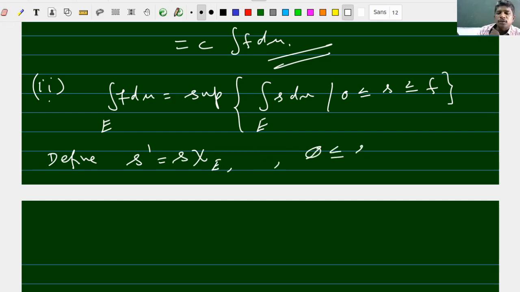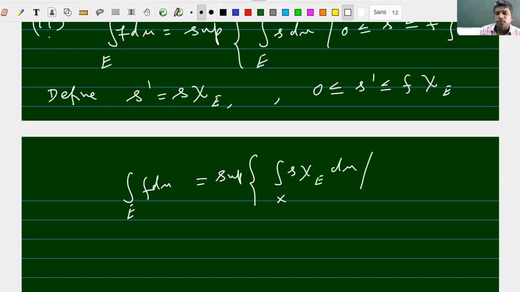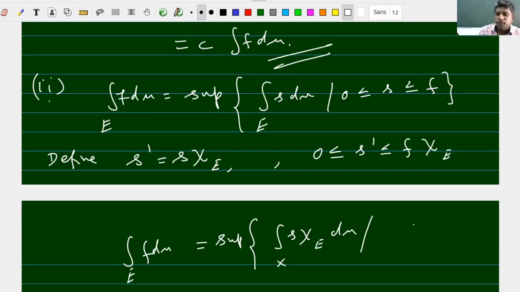Clearly 0 ≤ s dash ≤ f times the characteristic function of E, and vice versa. Therefore the integral over E of f d mu is written as the supremum of the integral over X of s times the characteristic function of E d mu, where 0 ≤ s ≤ f.